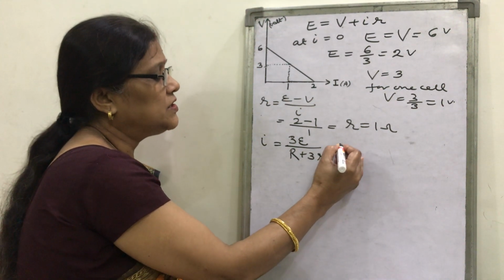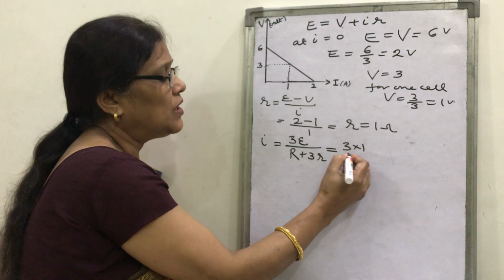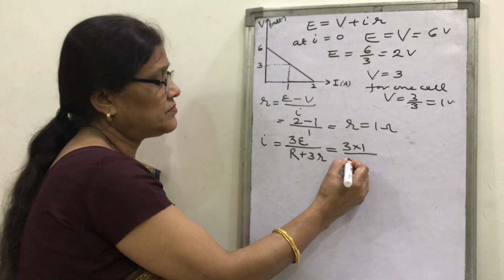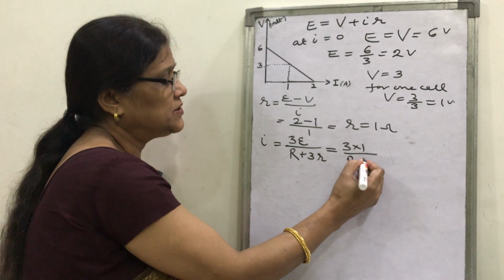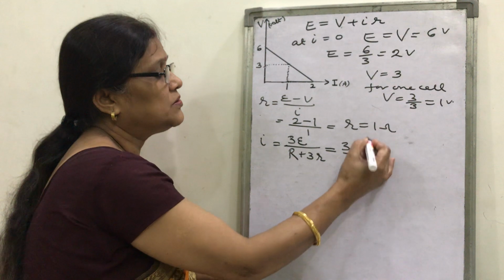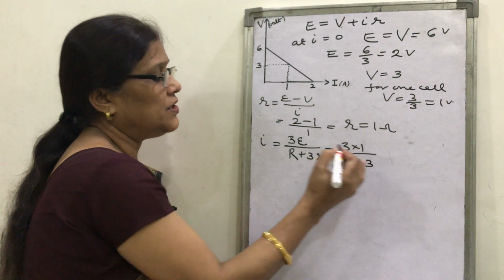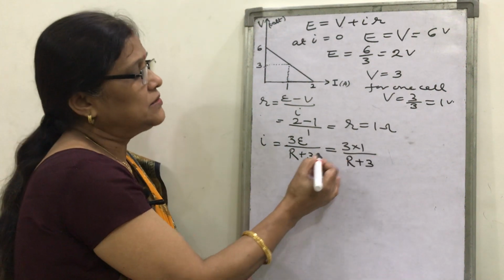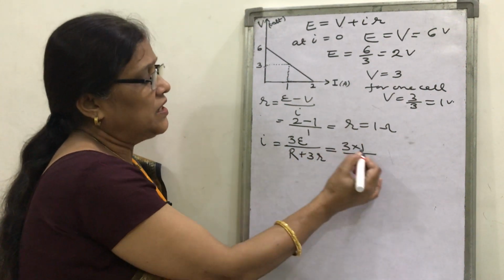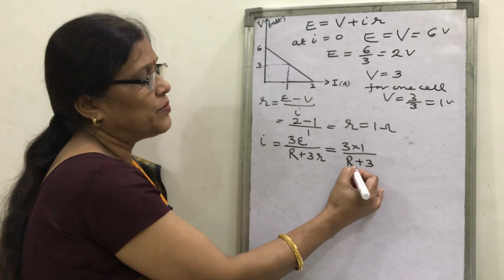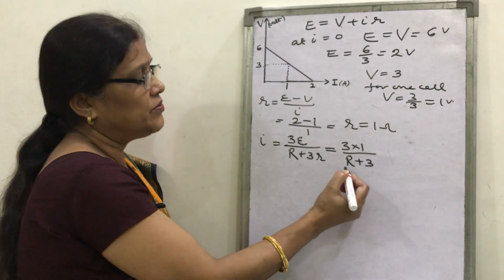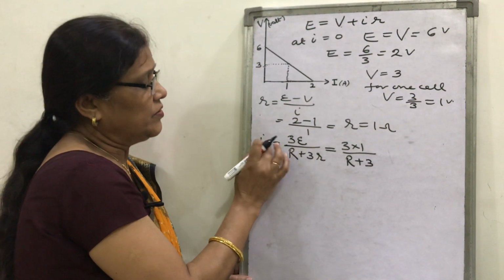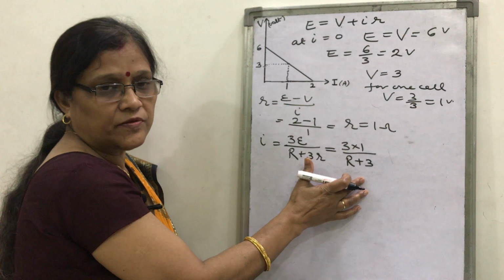So here this will be 3 into 1 upon R plus 3r. So this 3r will be 3. So here this I is written as 3 upon R plus 3.